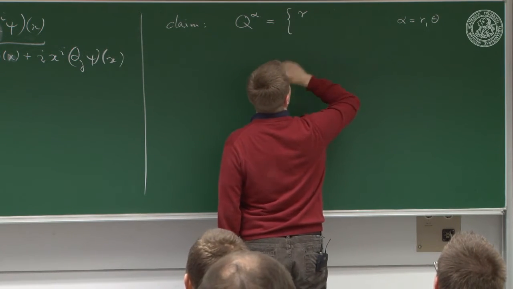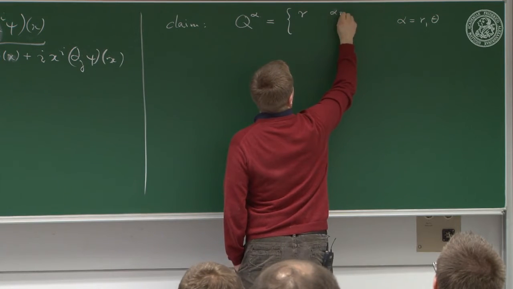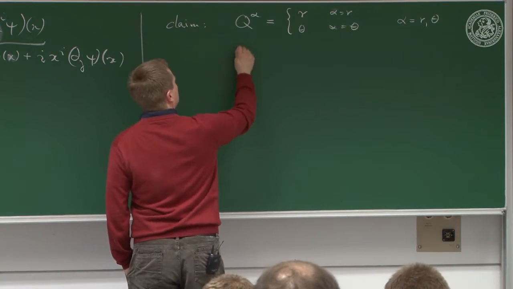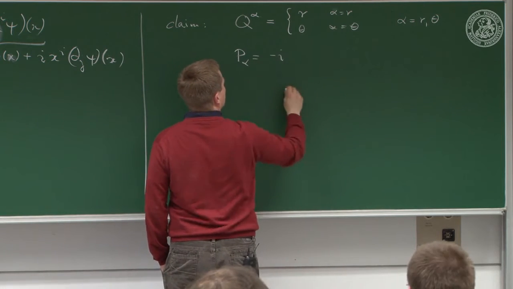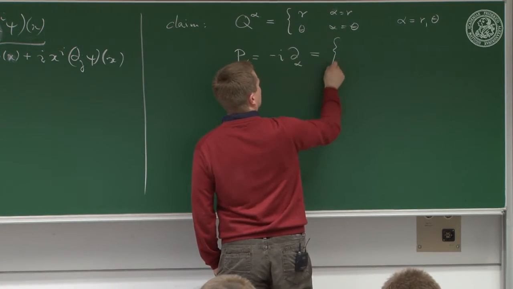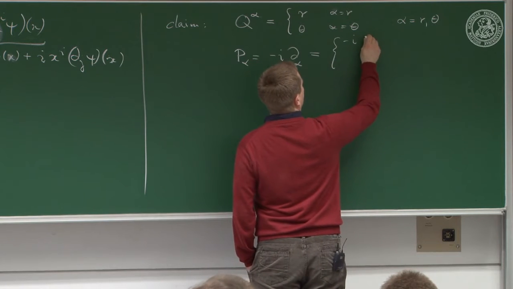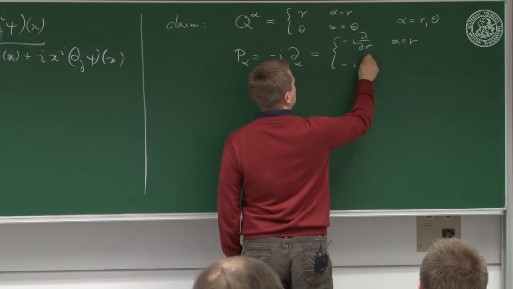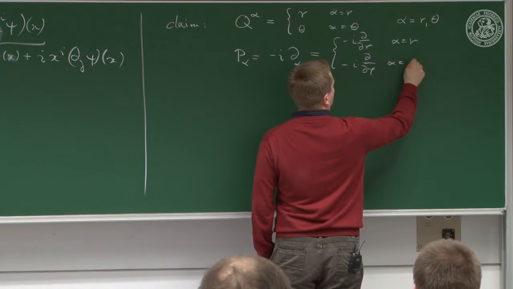Well, it's a little silly. And this is theta if alpha equals theta. And the P alpha, I set minus i del alpha, which again is supposed to mean that it's minus i d by dr if alpha is r, and minus i d by d theta if alpha is theta.